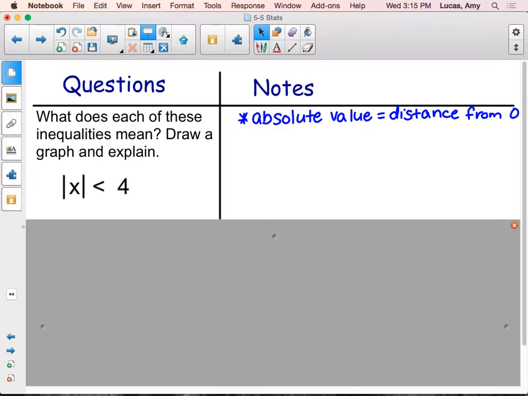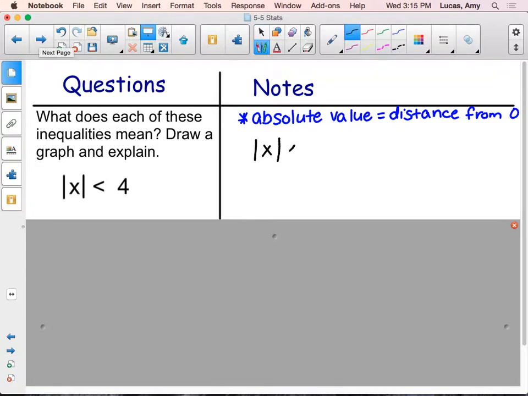So we've got the absolute value of x, and it's less than 4. So if you think about what that means on a number line, the distance away from 0 is less than 4. Well, that distance could be moving to the right 4 or moving to the left 4. So what happens is we've got an interval from -4 all the way to +4.